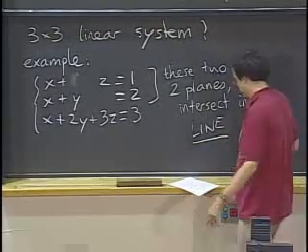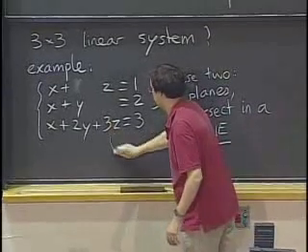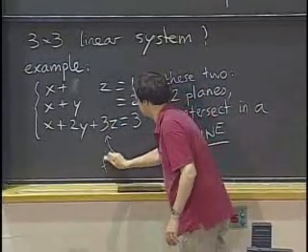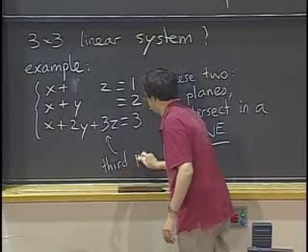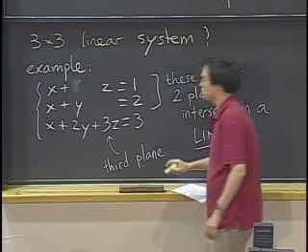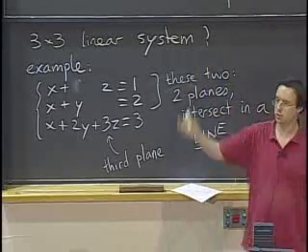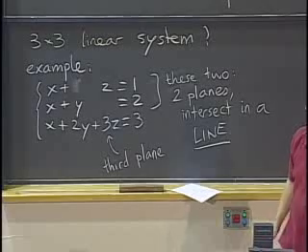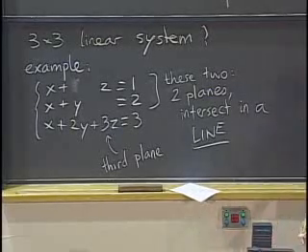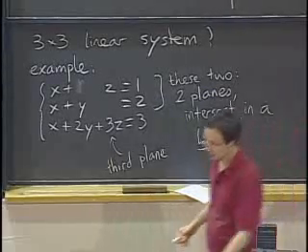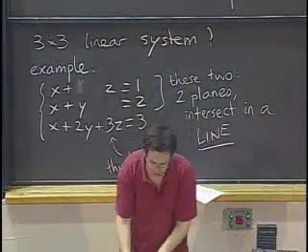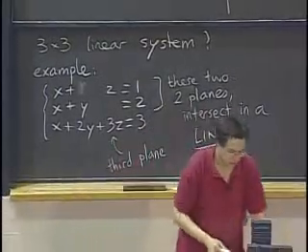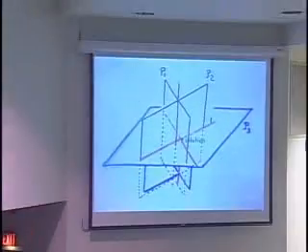Now, what happens with the third equation? That's actually going to be a third plane. So if we want to solve the first two equations, we have to be on this line. And if we want to solve the third one, we also need to be on another plane. And in general, three planes intersect in a point.